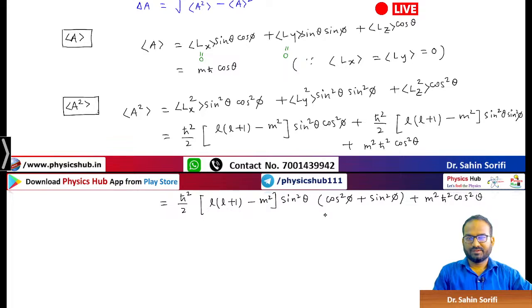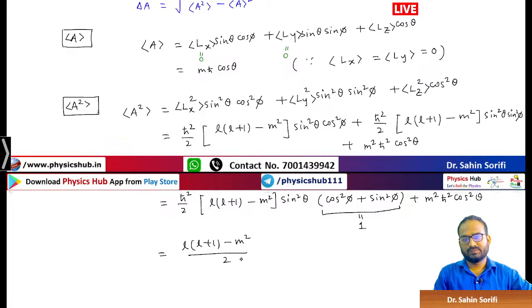Now sin square phi plus cos square phi is 1. So you are left with L into L plus 1 minus m square by 2 times h cut square sin square theta plus m square h cut square cos square theta, right?